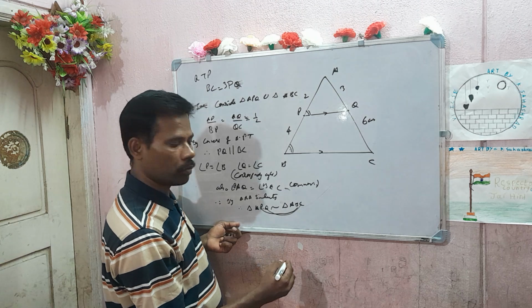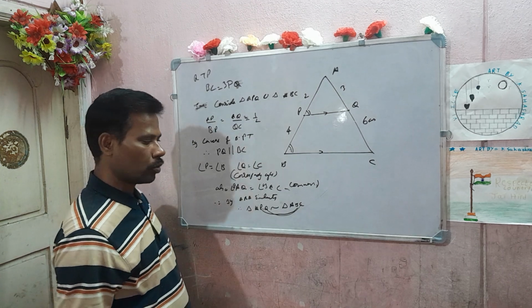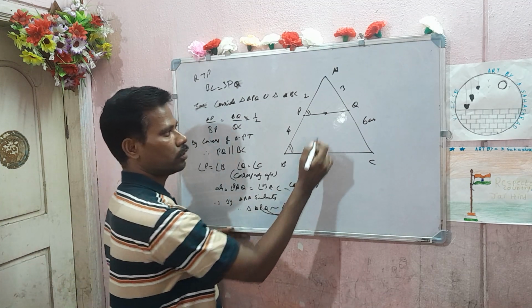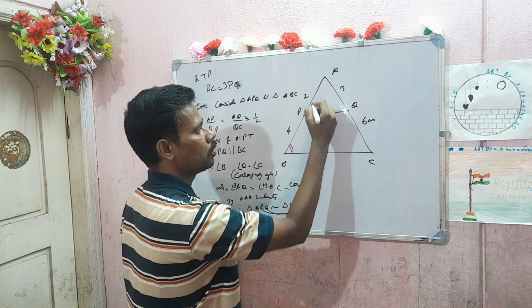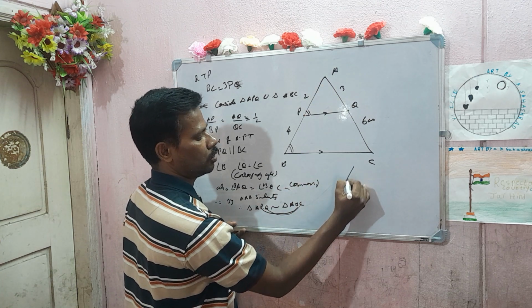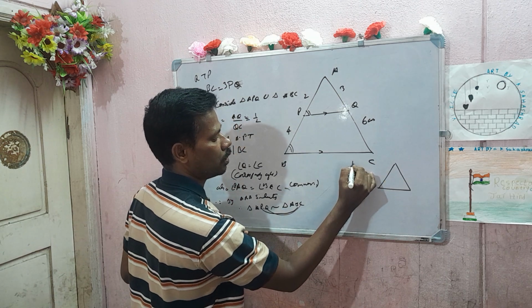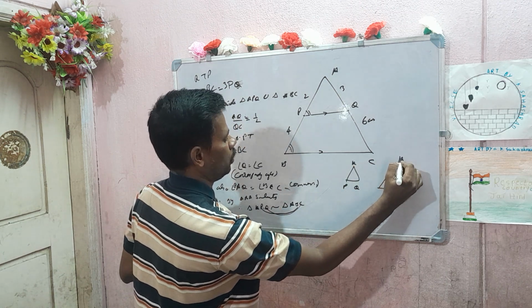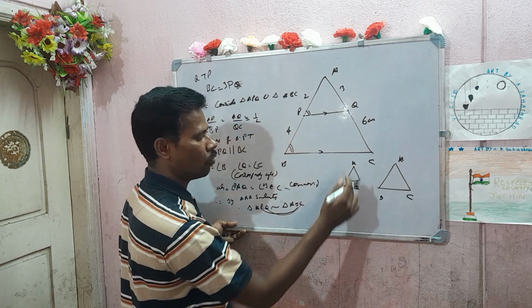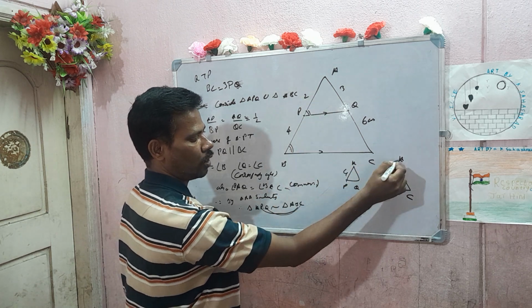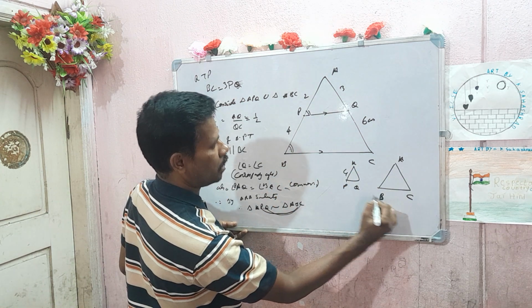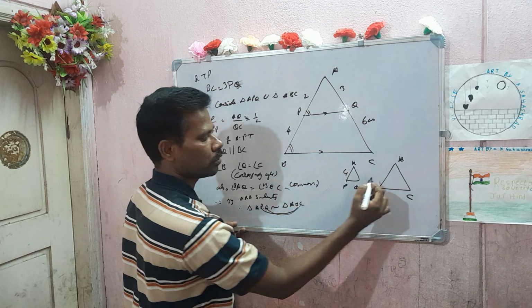Since the triangles are similar, take the ratio. This is the small triangle, this is the big triangle. I am drawing a sub diagram: A, P, Q, and ABC. What is the AP length? 2. What is AB? AB length is 6.